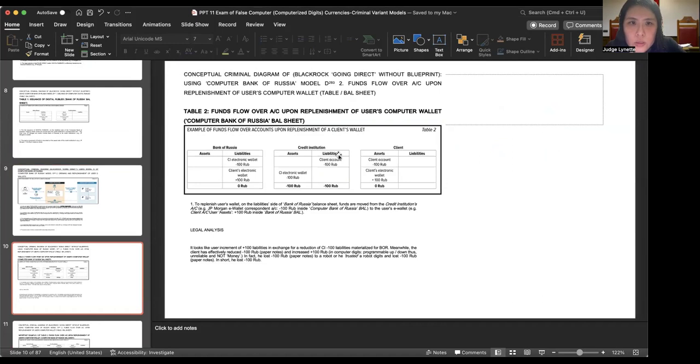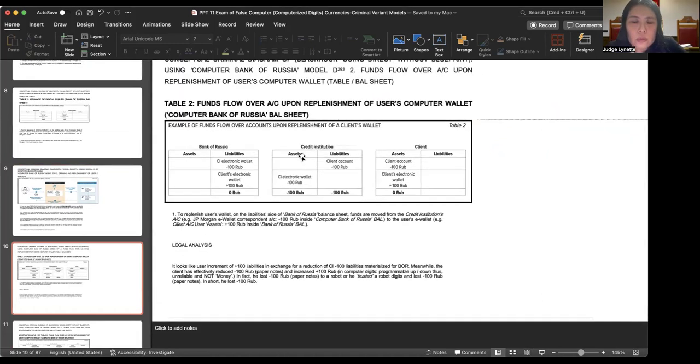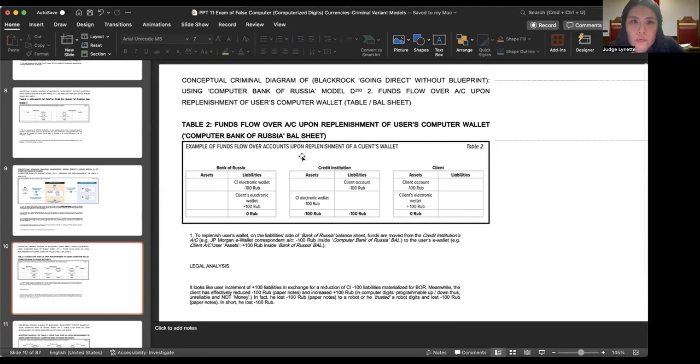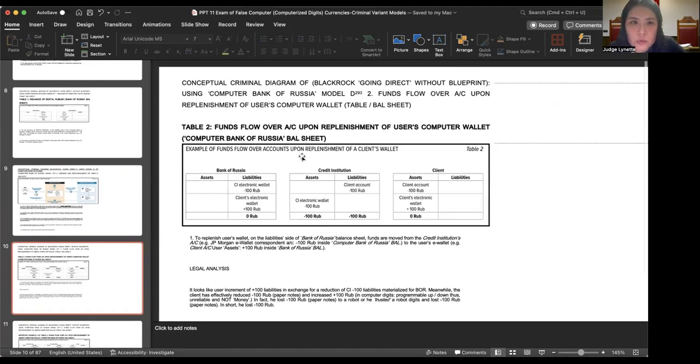So this is the balance sheet for the second type of transactions, funds flow upon replenishment of user's computer wallet.